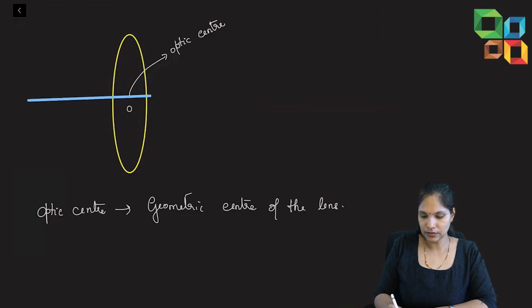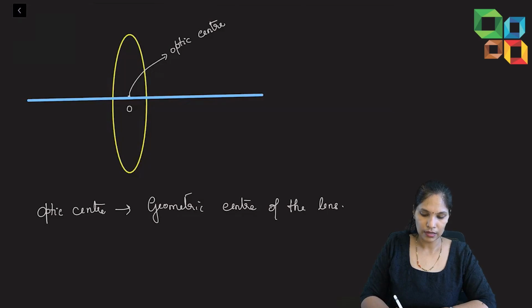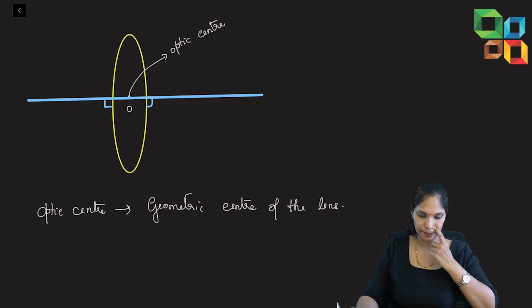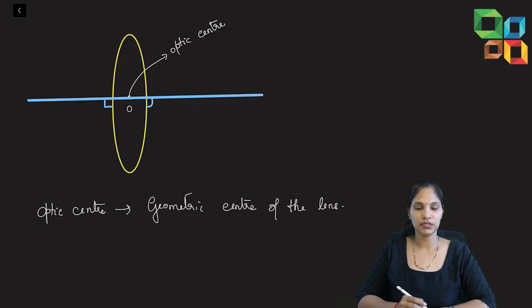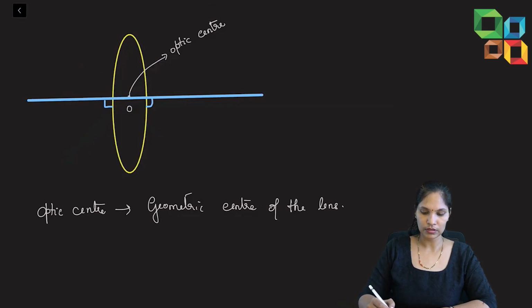There's a line here. You can see that this line passes through the optic center and is also perpendicular to the surface of the lens. Because if I say a line passing through the optic center, I can take a line this way, like this. This is also a line passing through the optic center. So I have to be more precise here.